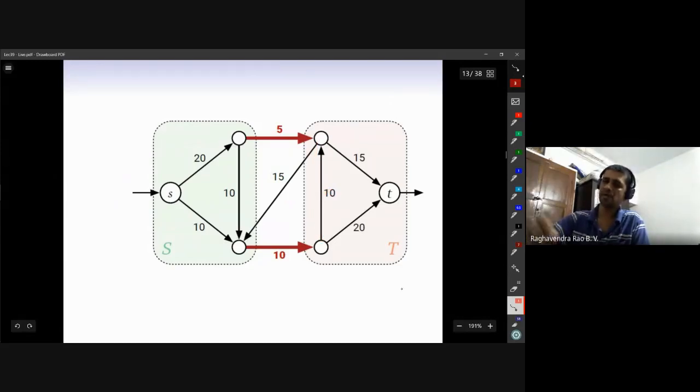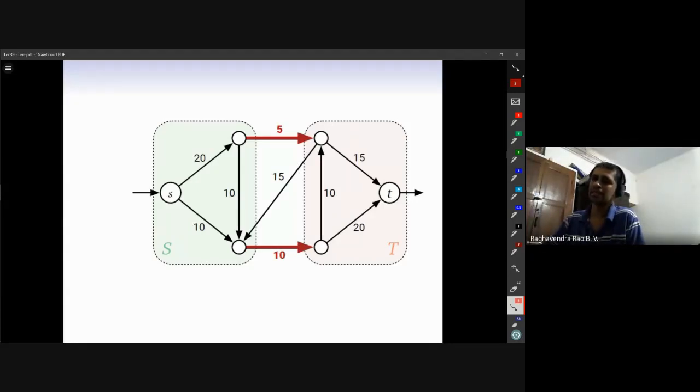Similarly, in this cut from the book, this edge is not contributing to the cut. We are not interested in edges oriented from the set containing T to the set containing S. We are only looking at orientation from the set containing S to the set containing T.